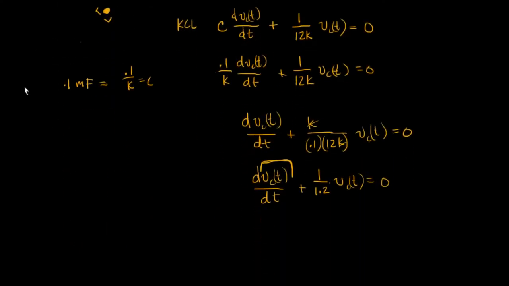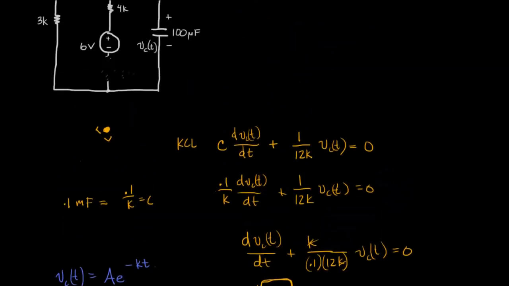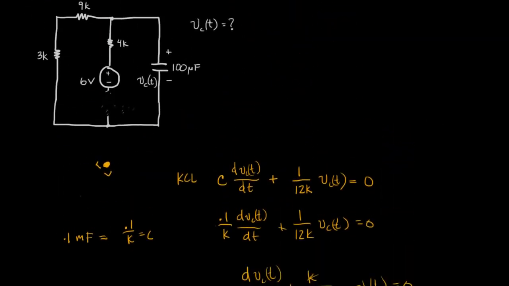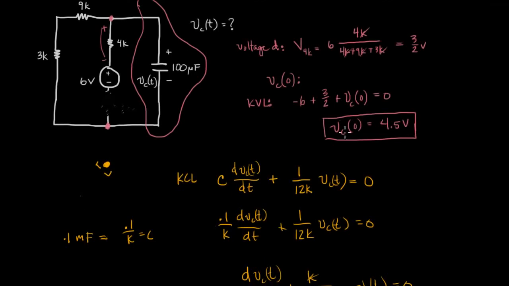Remember, it is going to be Vc of t equals A e to the negative kt. And A is our initial condition. We solved for our initial condition, and that was 4.5.